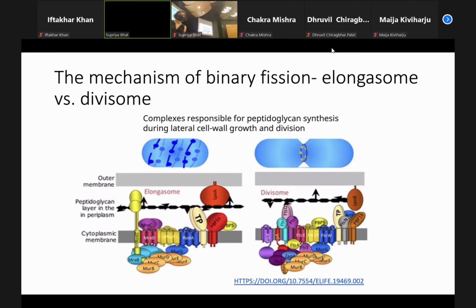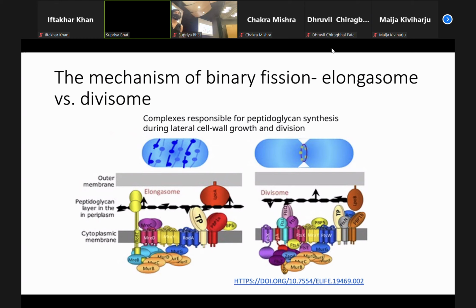In fact, the divisome complex is also present in mitochondria, because we talked about how mitochondria are very much similar to bacteria. So the divisome complex from mitochondria is called a mitochondrial divisome complex. And the divisome complex is only assembled when the cell is actively undergoing cell division or binary fission.